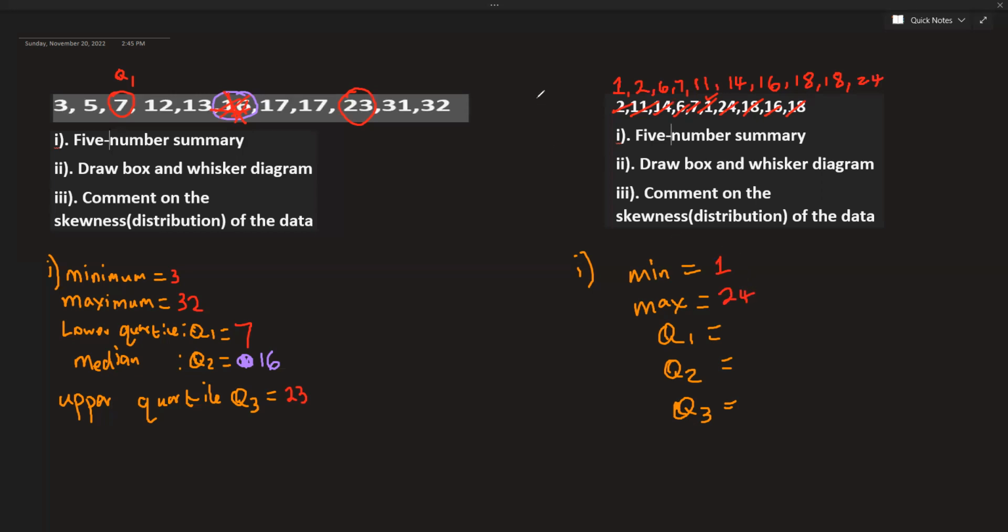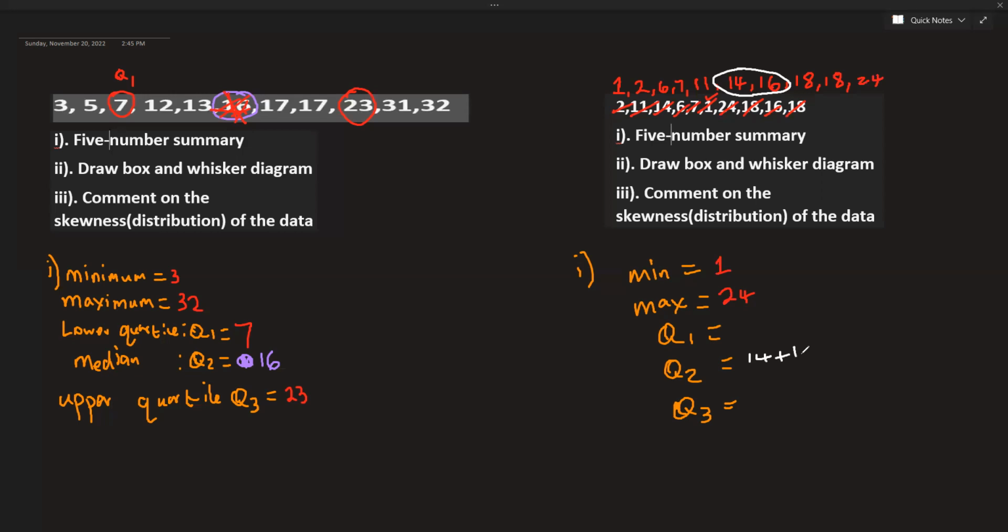Now let's do the quartiles. Let me count how many terms I have: 1, 2, 3, 4, 5, 6, 7, 8, 9, 10. If I have 10 terms, the middle must be between the 5th and 6th terms, so that's where my Q2 lies. If we have 2 terms in the middle, we add them and divide by 2.